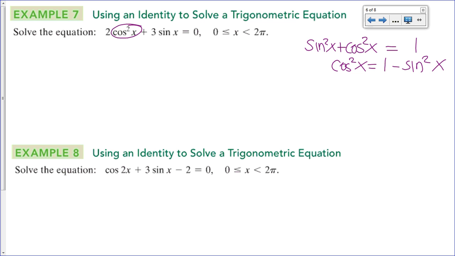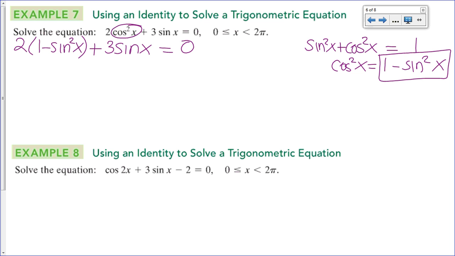So what I'm going to do here is substitute cosine square with the expression that I found here. So 1 minus sine square x. And then we will have plus 3 sine x is equal to 0. Then from there we need to distribute the 2. So we'll have 2 minus 2 sine square x plus 3 sine x.